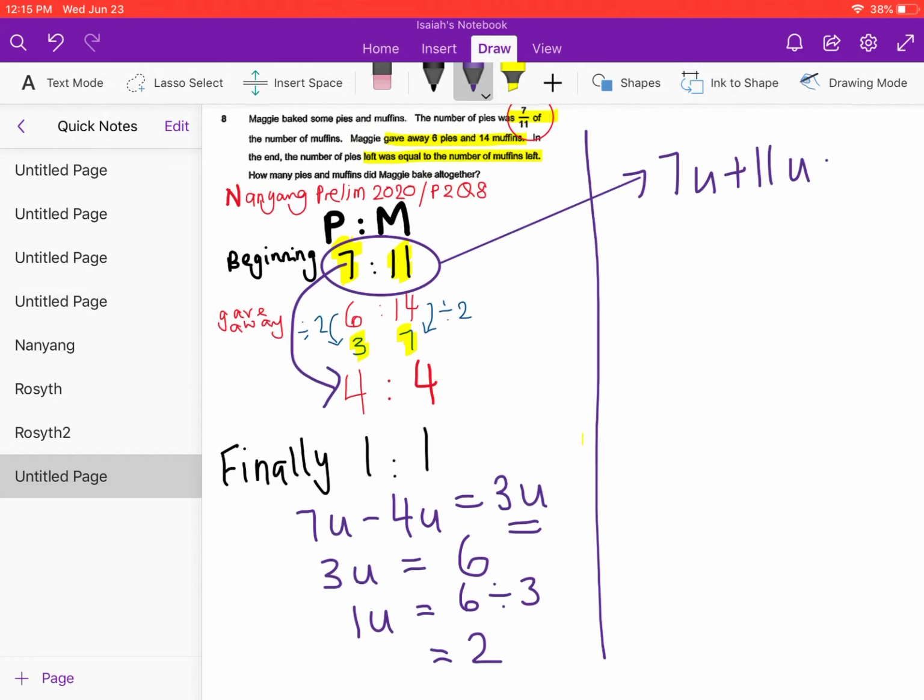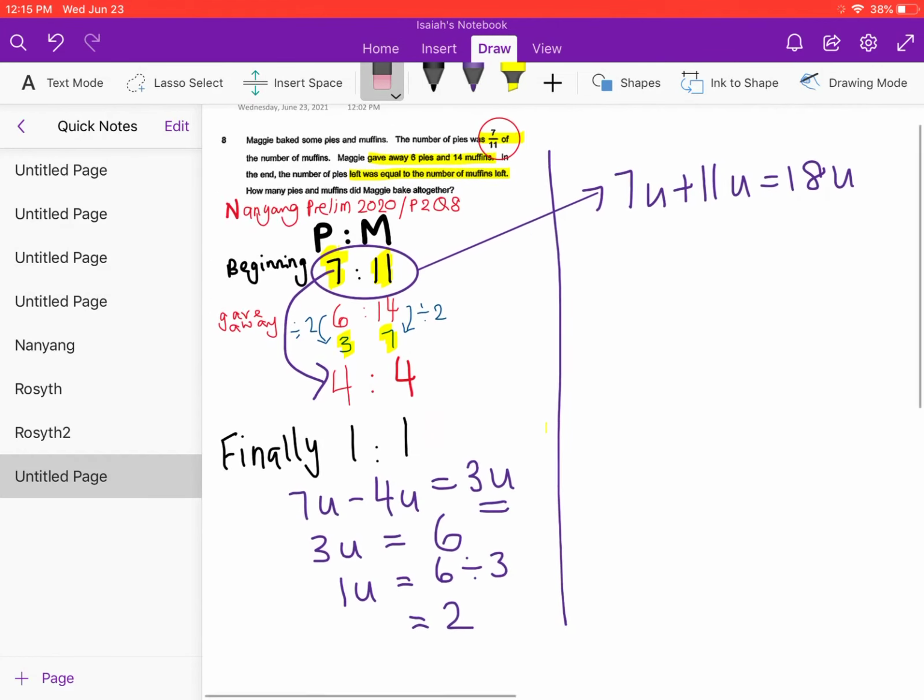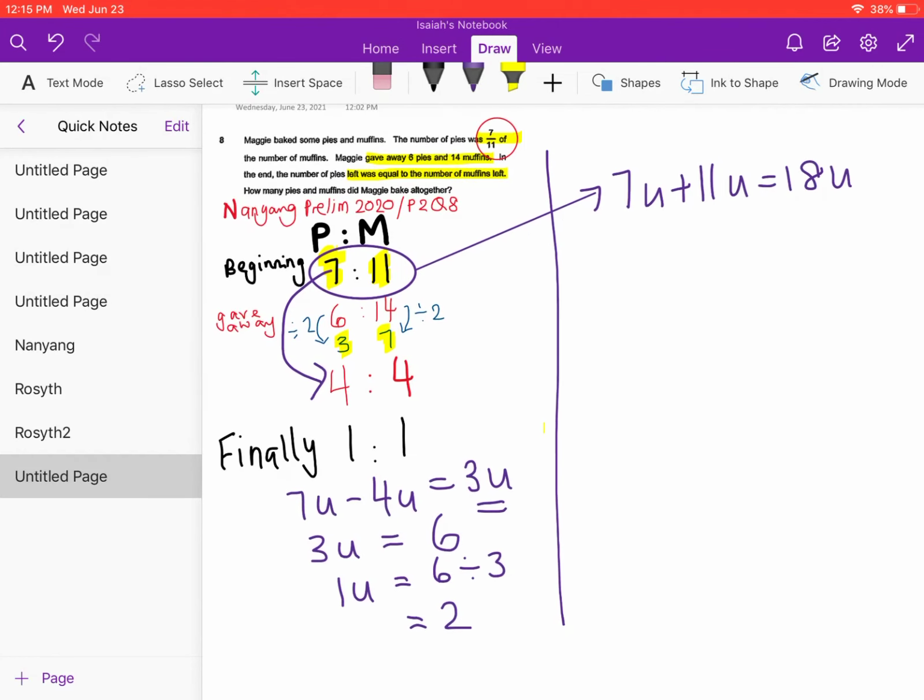So how many is exactly 18 units? Okay, so let's calculate 18u, and each u is actually equals to 2. So 18u will be 18 times 2. So the answer will be 36. So in total, Maggie baked 36 pies and muffins altogether.